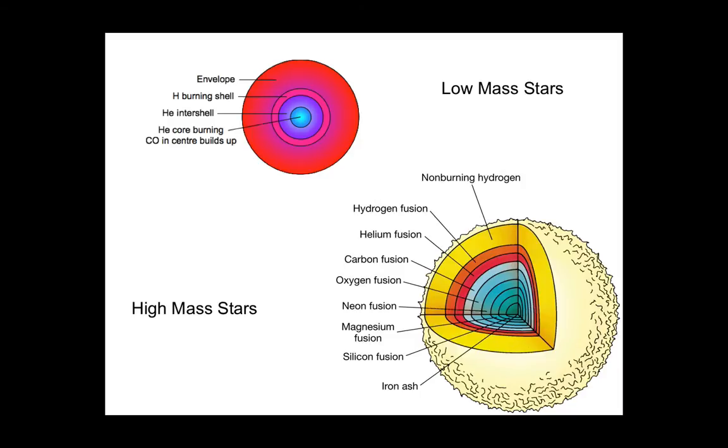Even the most massive stars will not fuse elements heavier than iron and nickel in their cores, because they sit at the peak of the binding energy curve. Fusing iron with other nuclei does not release energy, rather it consumes it.